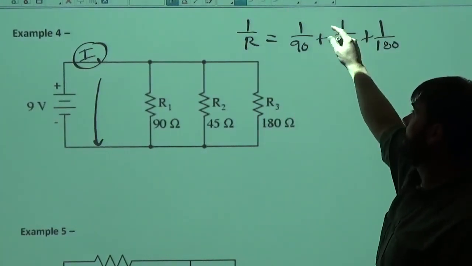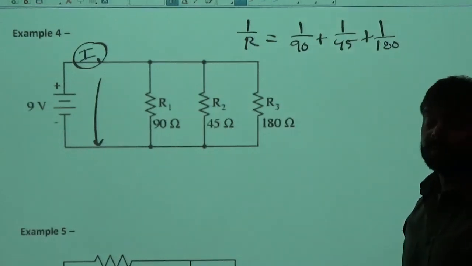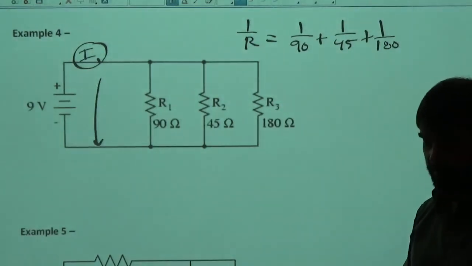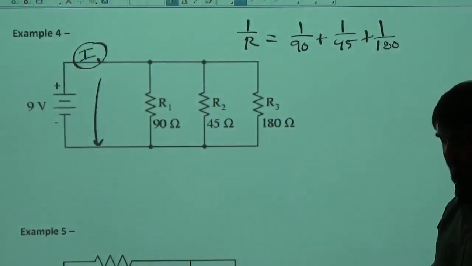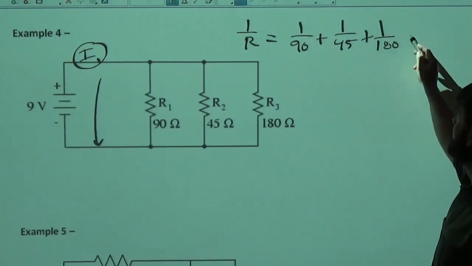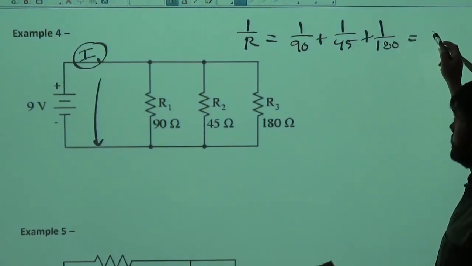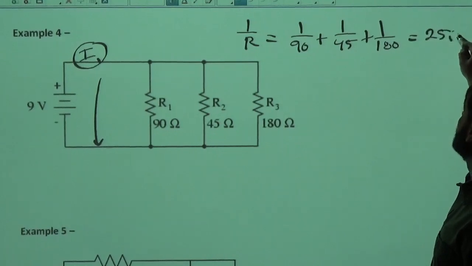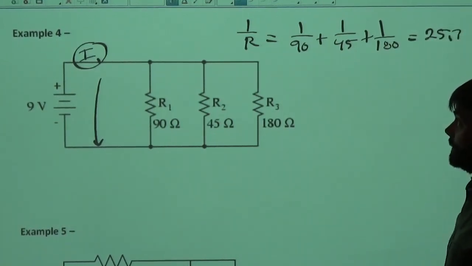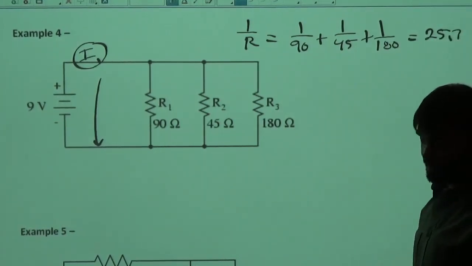Once I get that value, it needs to be inverted. I need to do 1 divided by that value to actually get the overall resistance. If I do that, this tells me that the overall resistance is 25.7 ohms. So that's the total resistance.